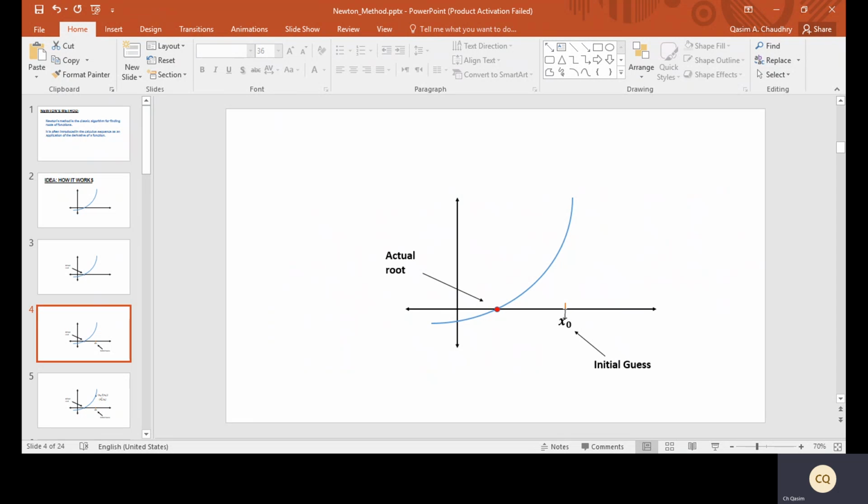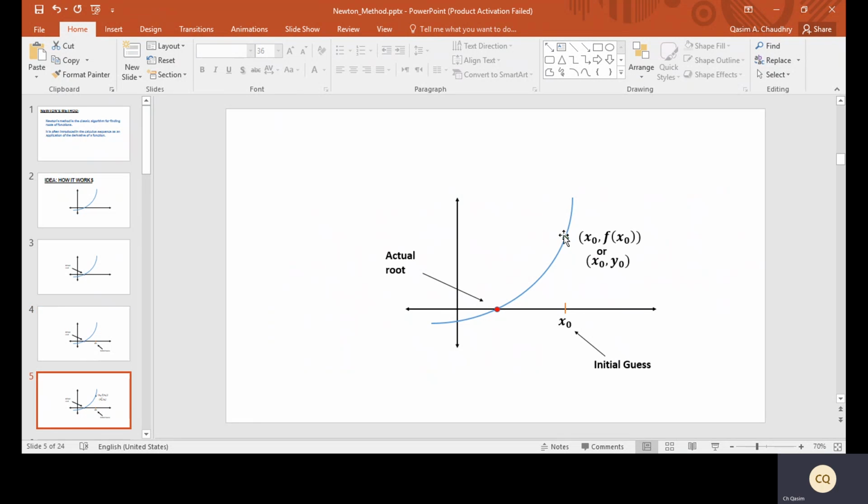Since your actual goal is to find the exact root, but you don't know the exact value in advance and you don't have the curve, you simply choose an initial point and assume that this is your approximate root. Now, with x naught as the initial guess, what do you do?